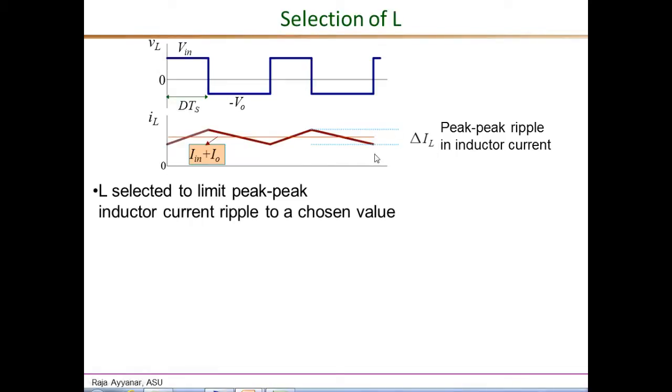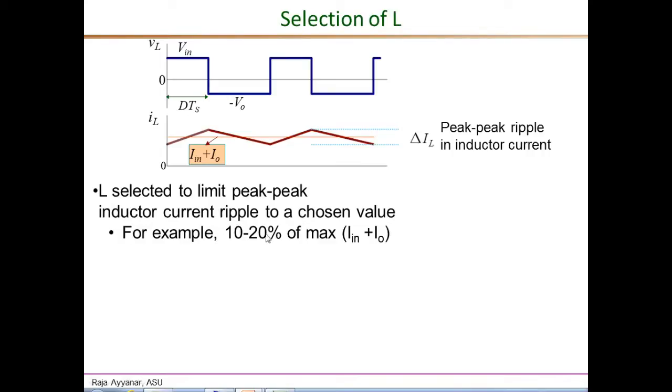Similar to the buck as well as the boost converter design, in the buck boost also the suggested design method is to select the L to limit this delta IL, or the peak-to-peak variation in the inductor current, to some specified value. Now, this delta IL value can be chosen arbitrarily because the inductor current is an internal variable, so we are really free to choose an arbitrary value for this delta IL.